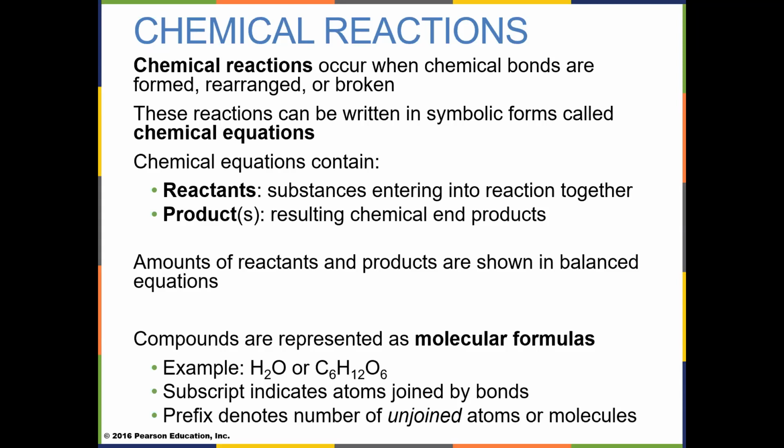C6H12O6, glucose, simple sugar. It is the source of all energy in our bodies. We use glucose as our fuel to obtain energy. And the C6H12O6 tells you that glucose has 6 carbons, 12 hydrogens, and 6 oxygens. So that is the molecule of glucose.